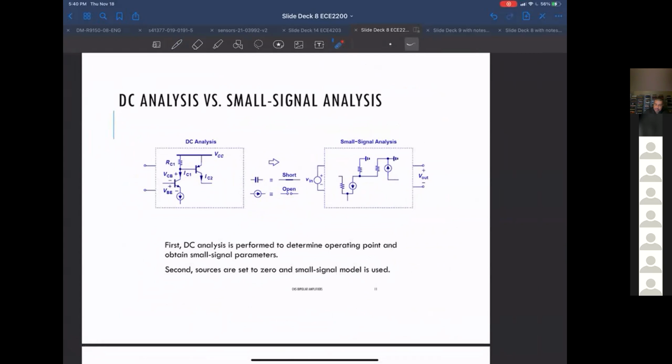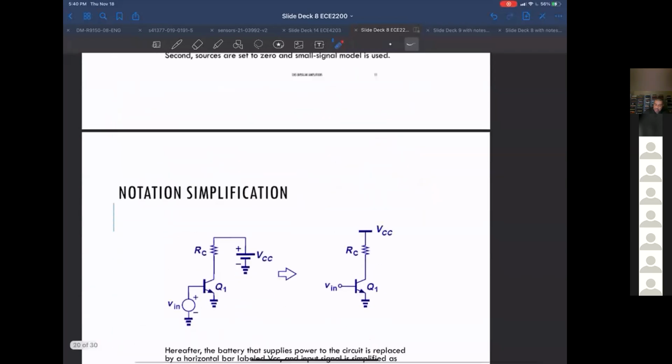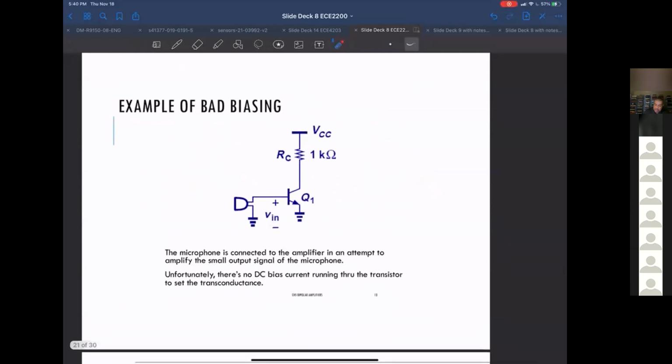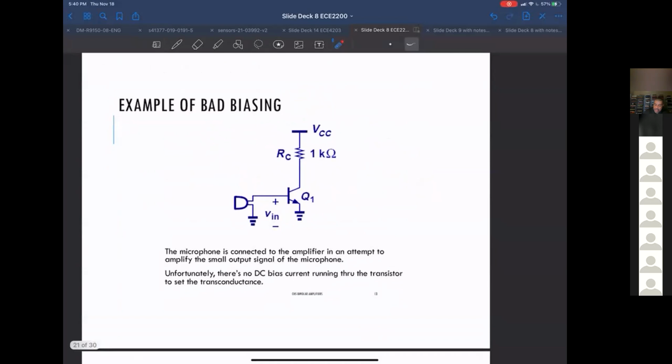I think we've already talked about this quite a bit: batteries, or voltage sources, are like shorts, currents are like opens, and how you go from DC to small signal.